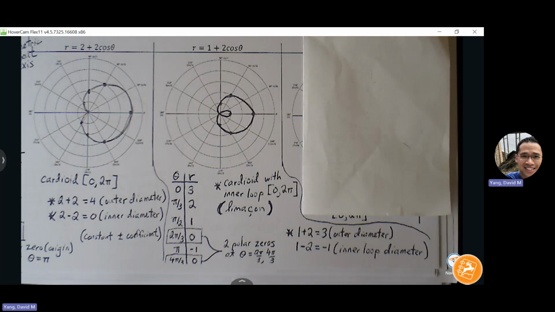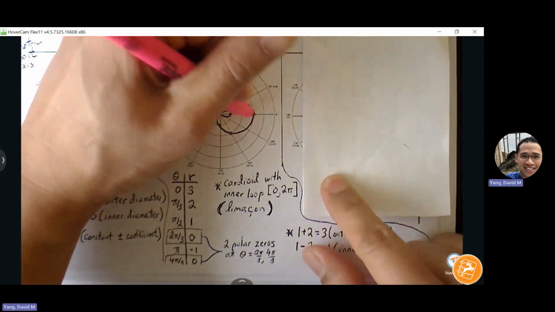But then at pi, it's going to give me a -1. That -1 is going to kind of force this graph to go within itself. It's going to create this inner loop. And that will take us to the halfway point for our graph. Let me highlight that.